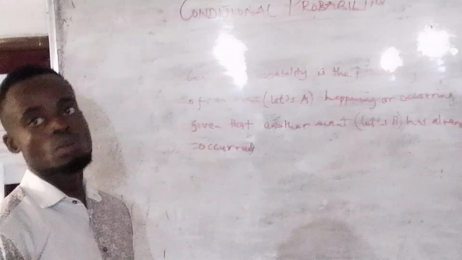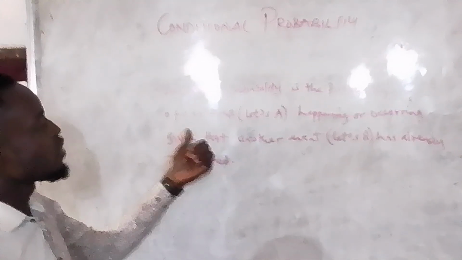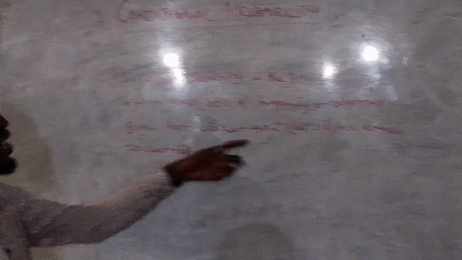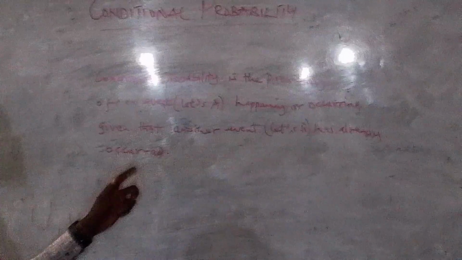So that's what conditional probability is. It's the probability of an event A happening or occurring, given that another event B has already occurred.